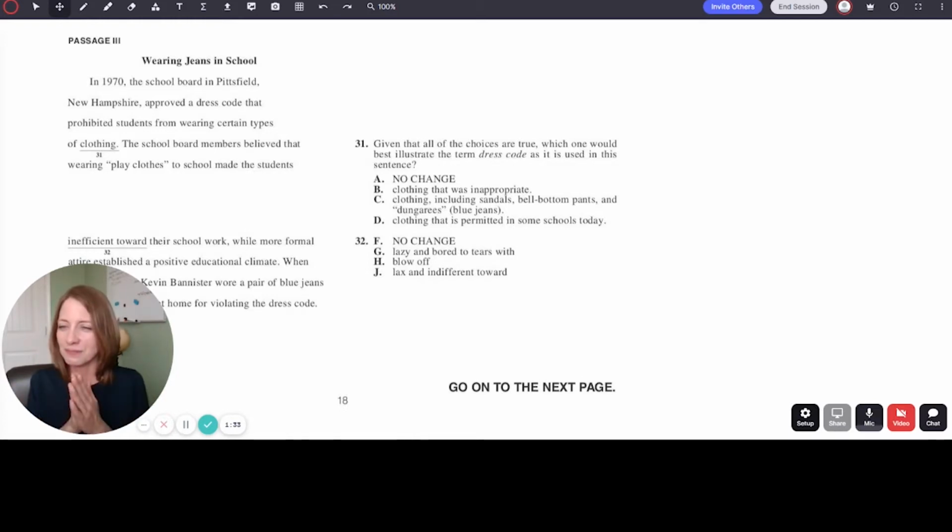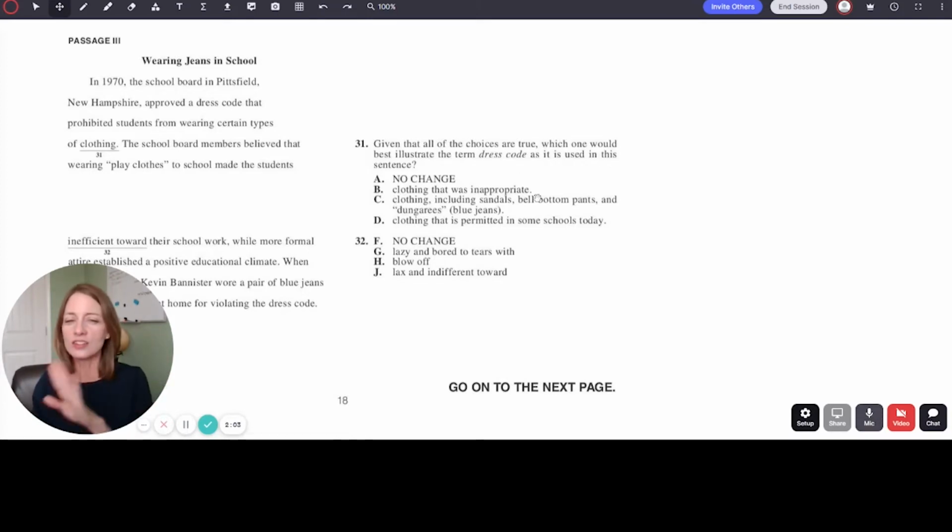All right. In 1970, so wearing jeans in school. In 1970, the school board in Pittsfield, New Hampshire, approved a dress code that prohibited students from wearing certain types of clothing. That seems very vague. What types of clothing? It could be, you can't wear swimsuits to school. All right, so let's see.